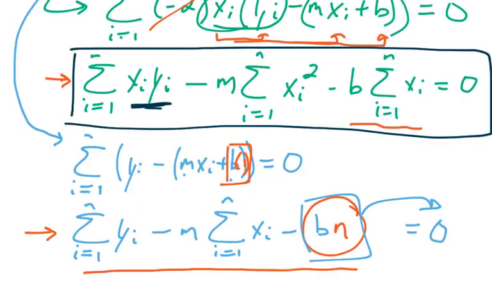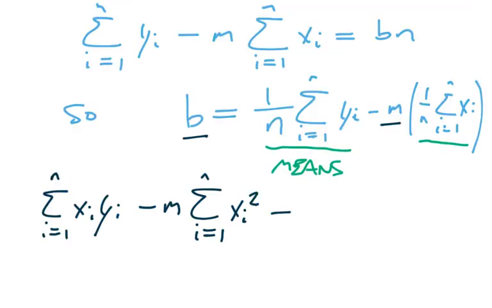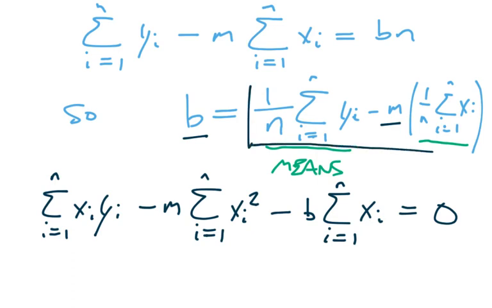And then I had minus b times the sum of the x's. So this is minus b times the sum over the x's. This is supposed to be equal to 0. All right, and what we want to do is just algebraically take this thing and plug it in for b.